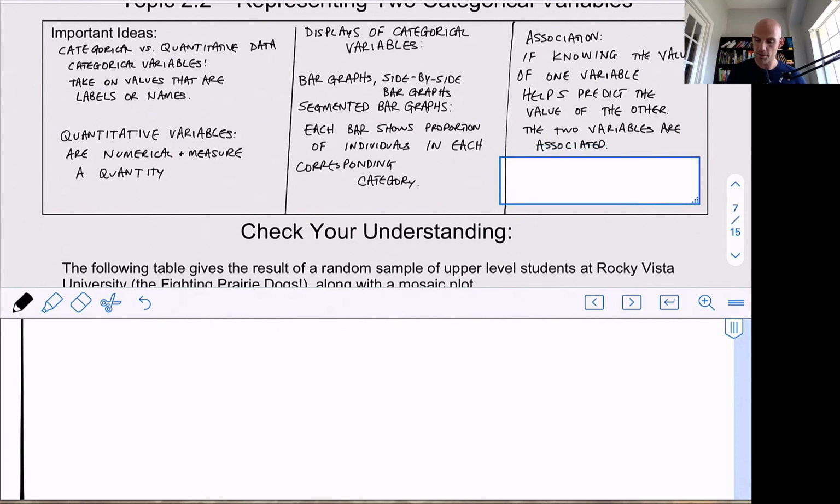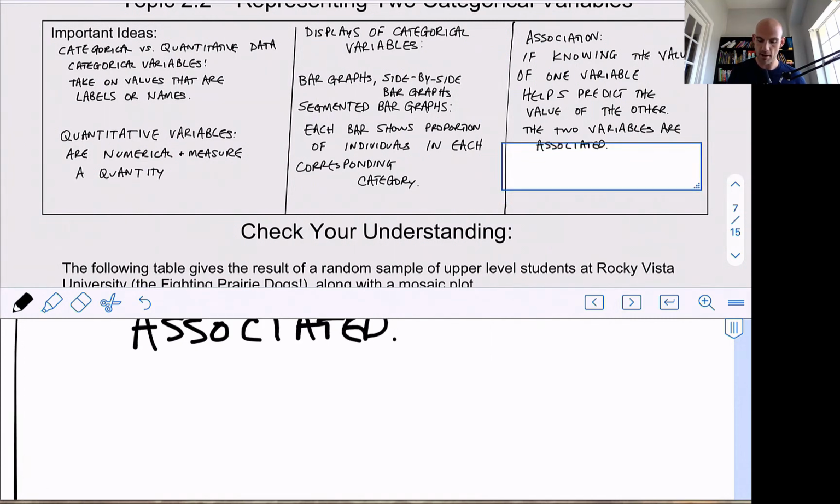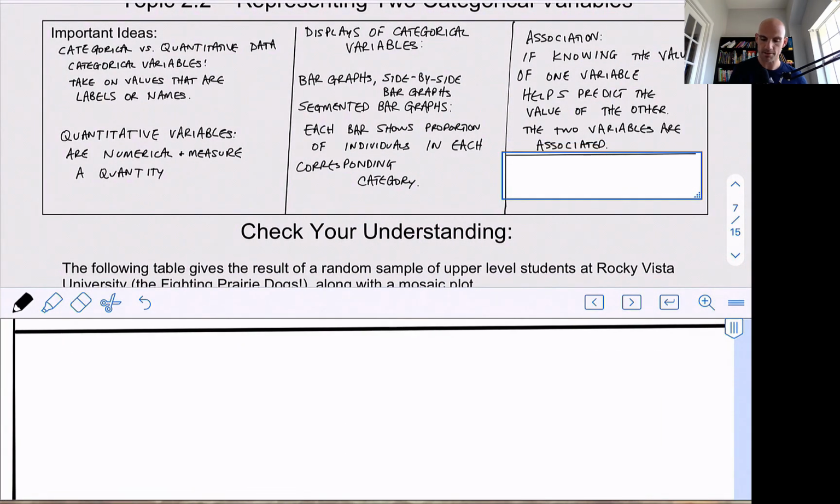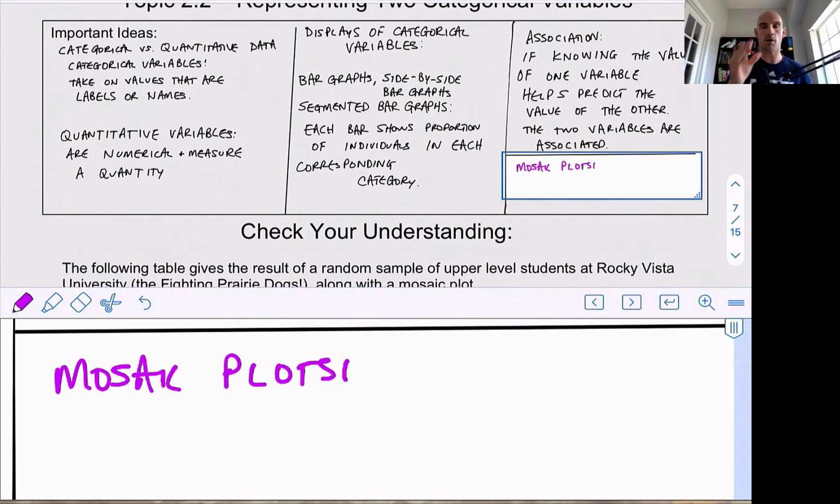I want to add one little piece down here, and it's about that last part that we did. Mosaic plots. The mosaic plot was, again, when we took the bars and put them side by side, and the width of the bars was based on the population, or the number of people that we sampled.